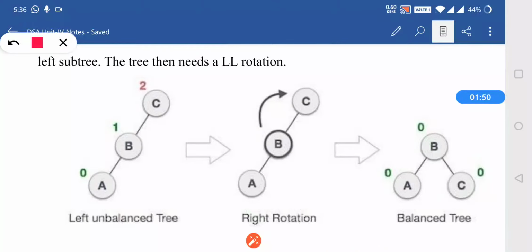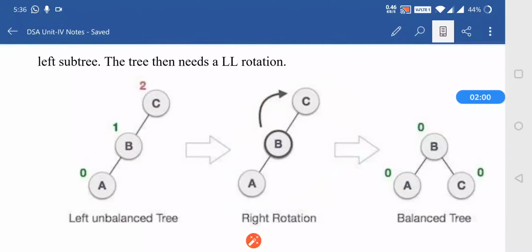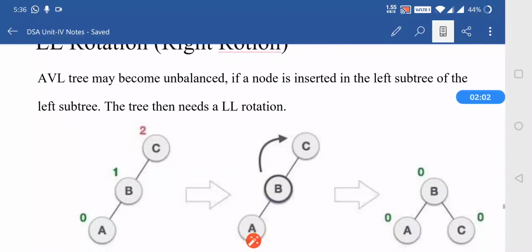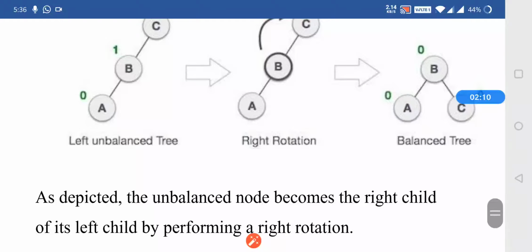So for that, first we will perform the right rotation. How is the right rotation performed? Whenever there is the LL rotation, the node is inserted in the left subtree and then the LL rotation is performed. Means the unbalanced node becomes the right child of its left child by performing the right rotation.